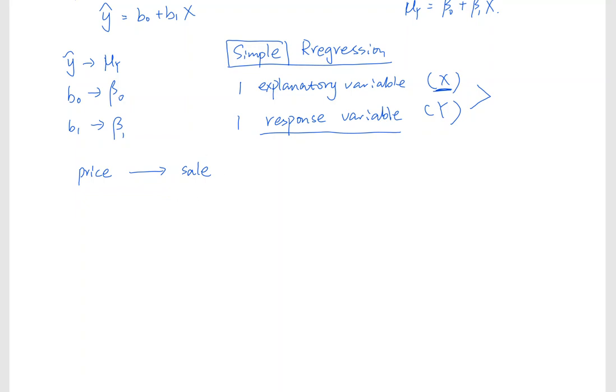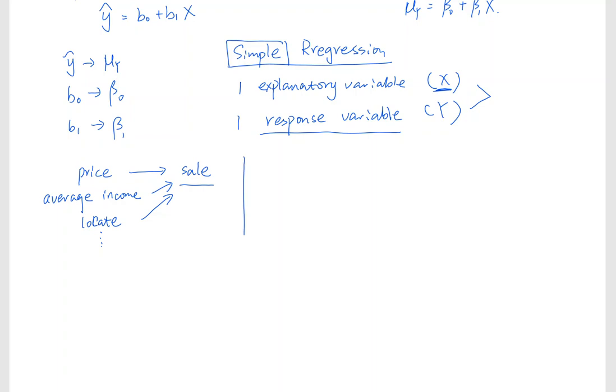For example, maybe the average yearly income of that state or location will also affect the sale. Nobody knows, right? And maybe the location of the store will also affect the sale. So we have many other potential factors that will affect the response variable.